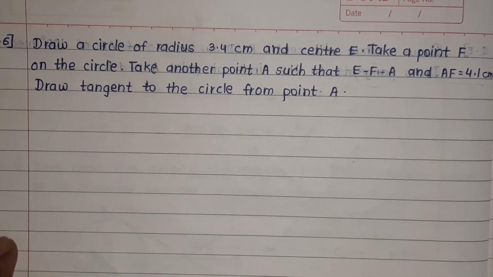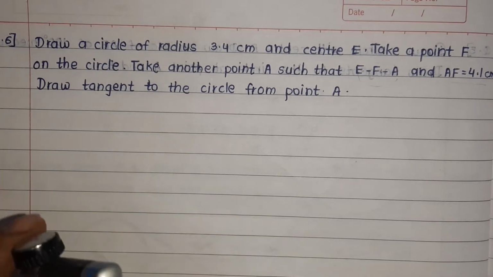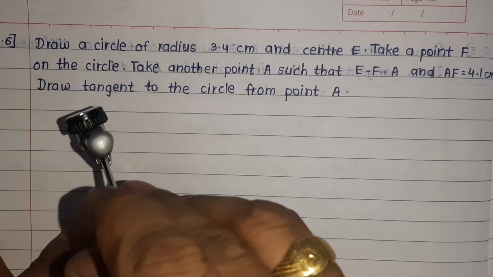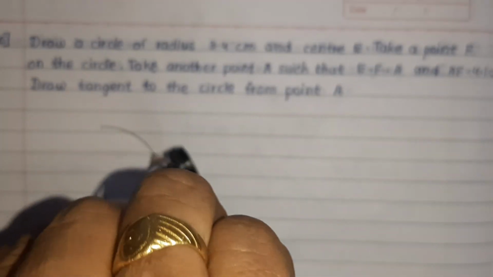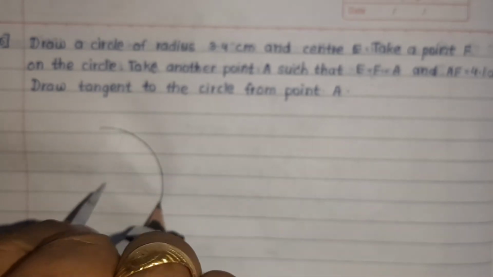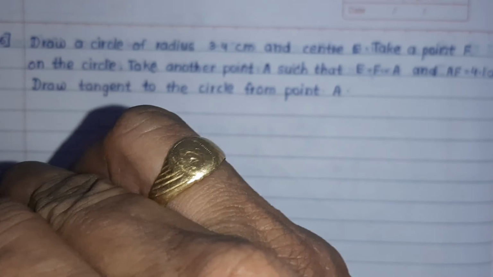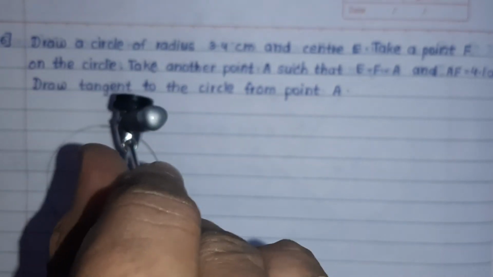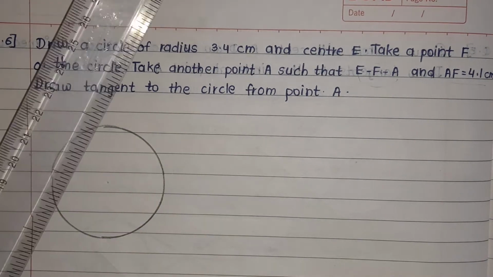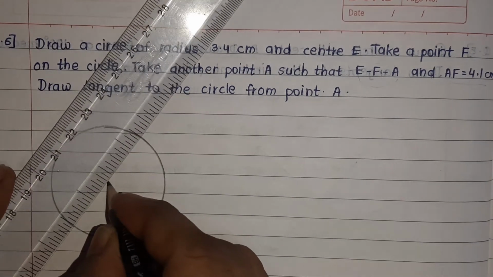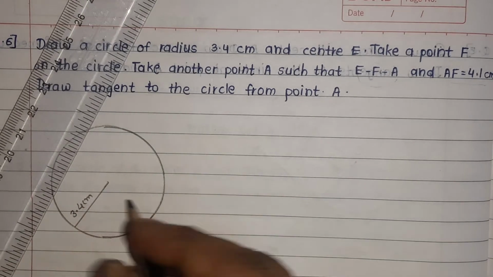Dear student, simple, very easy. Suppose we have to draw a circle of given radius. First of all, we have to draw the analytical figure. See dear students, like this we have to draw a circle of given radius 3.4 centimeters.